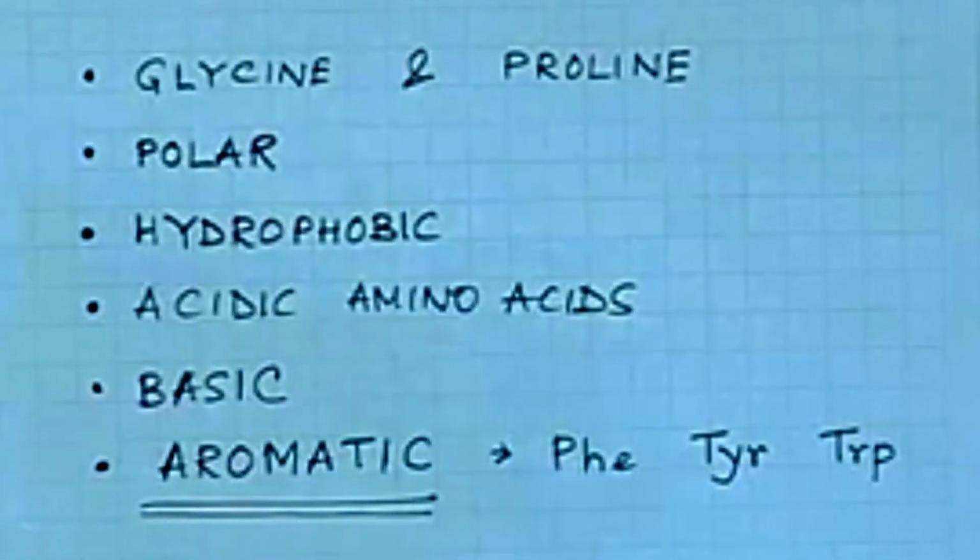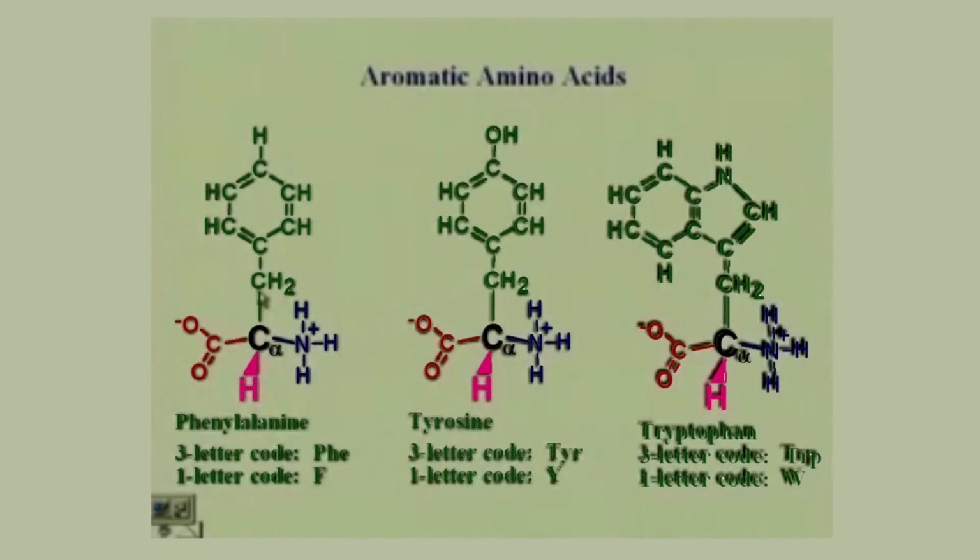These are the aromatic amino acids. We have phenylalanine. If you remember what alanine was, it was just a methyl group attached to the C alpha. In this case, one hydrogen has been replaced by a phenyl group.